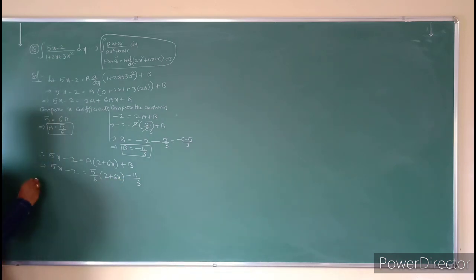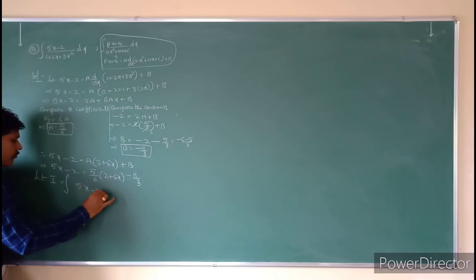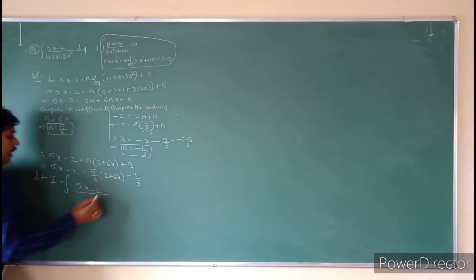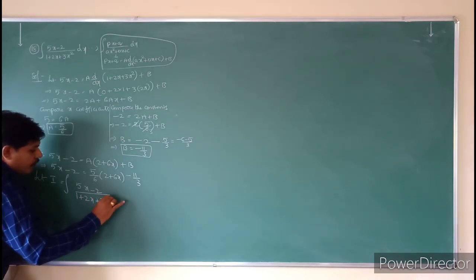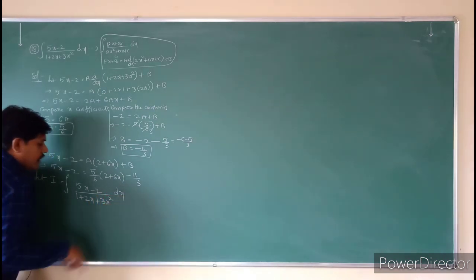So after getting this, therefore let I be equal to the integral of 5x minus 2 by 1 plus 2x plus 3x square into dx.